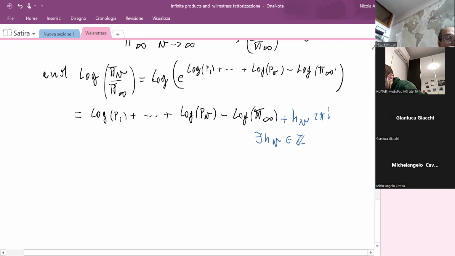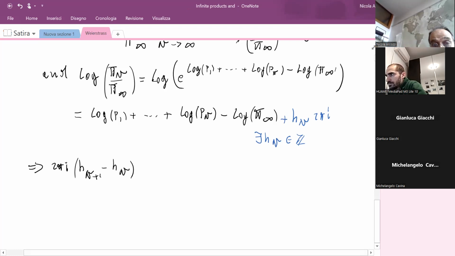So when I consider h, well, let's say 2 pi i times h_{n+1} minus h_n, that's equal to log p_{n+1} over p_infinity.